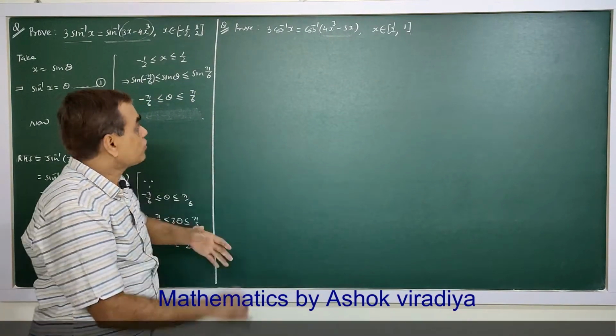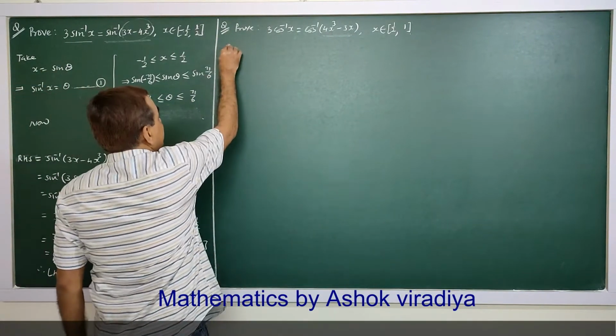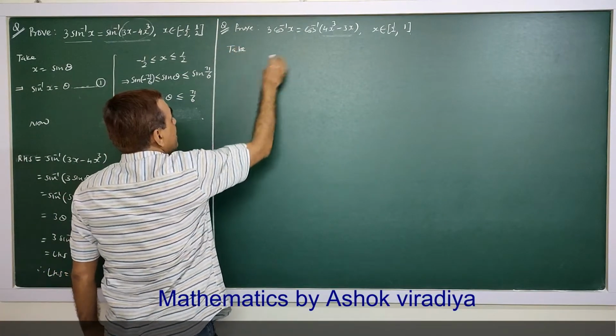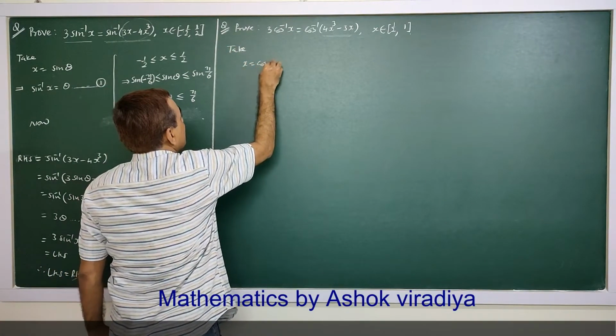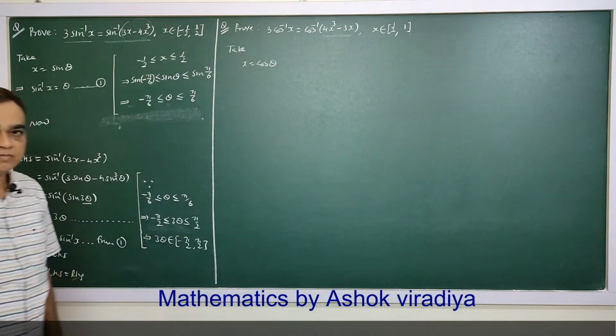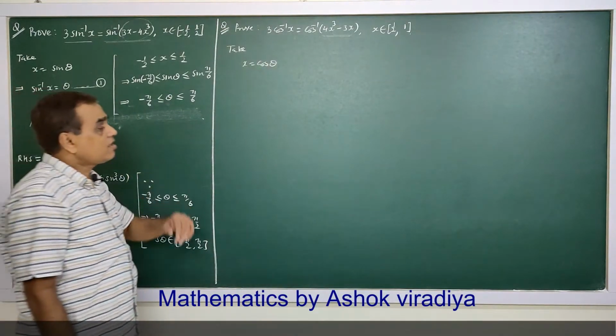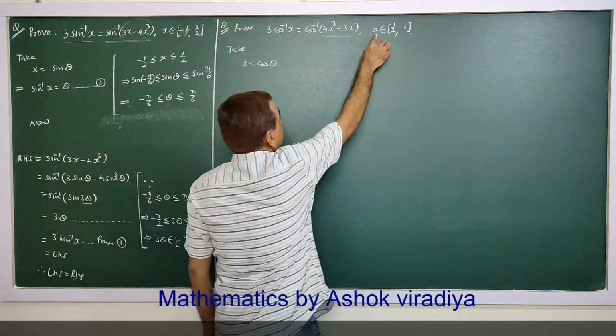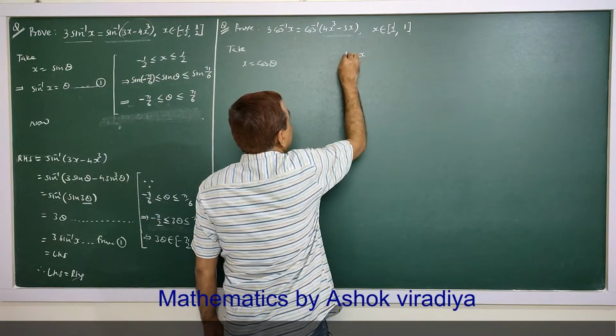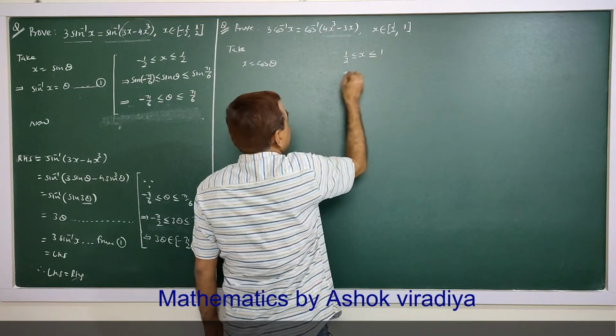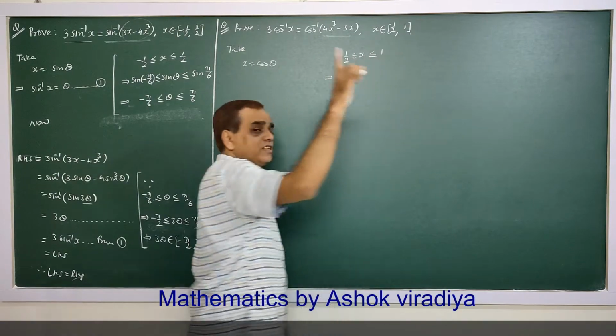So in this question, similarly, we are taking the substitution x equals cos theta. Now see, here x is between 1 by 2 and 1. This is given. We always use this condition.